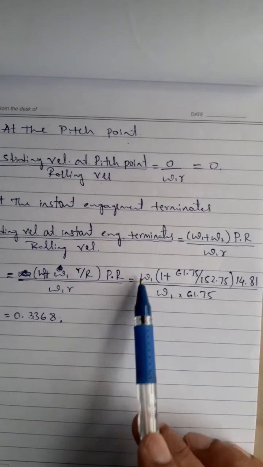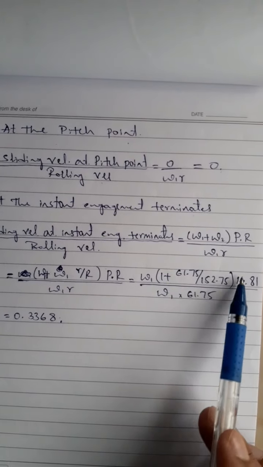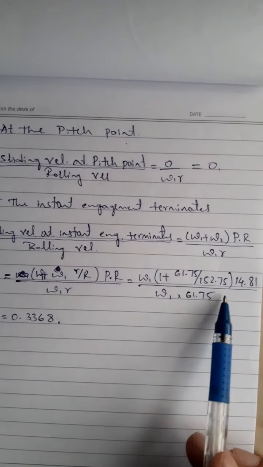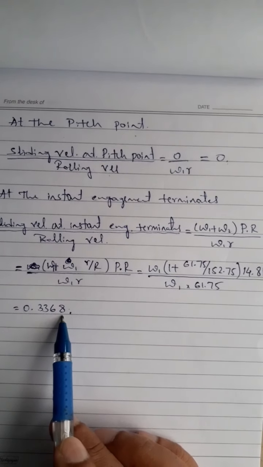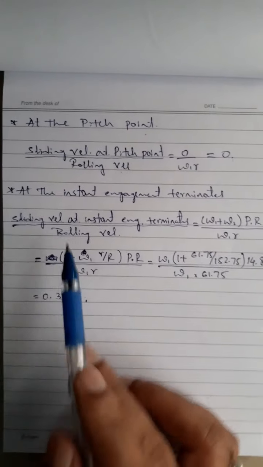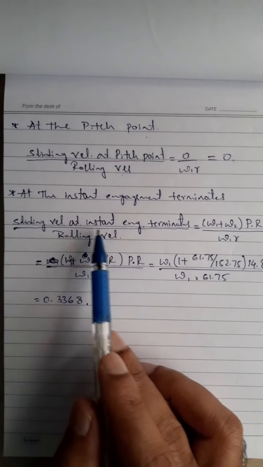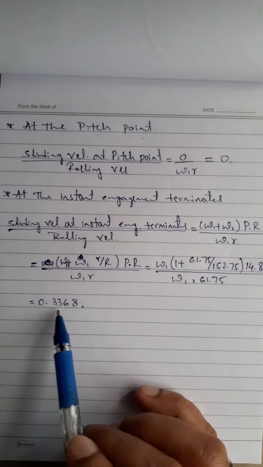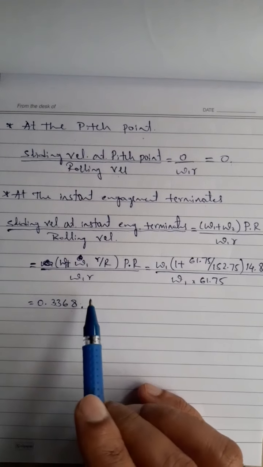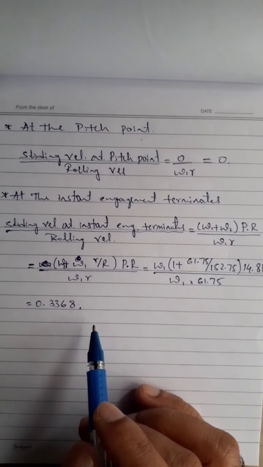Again these two parameters get cancelled, and when we calculate the remaining parameters, this comes as 0.3368. So this is the ratio of sliding velocity at the instant engagement terminates to the rolling velocity, 0.3368. So this is the solution for the given problem.